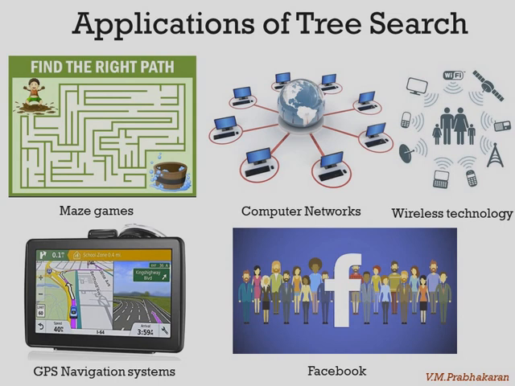The most important thing finally is Facebook, one of the most commonly used social network platforms. How is tree search actually used in Facebook? Let's see that. Facebook treats each user profile as a node on the graph, and two nodes are connected if they are each other's friends.